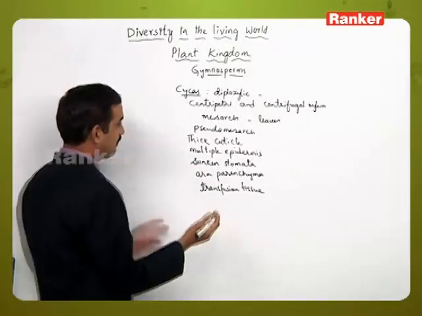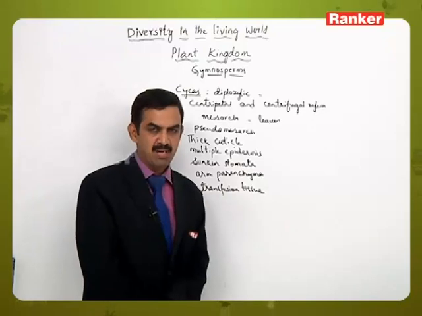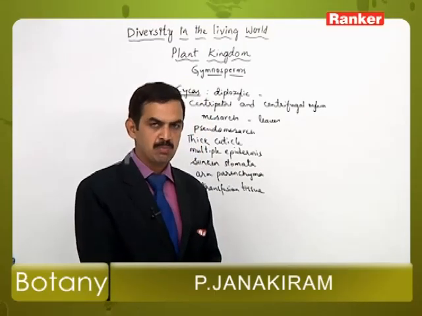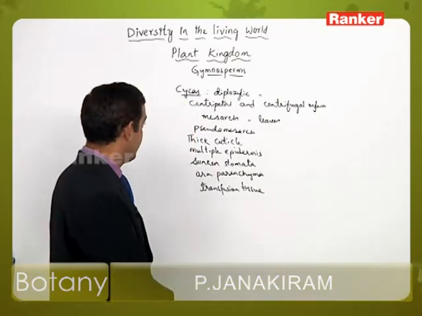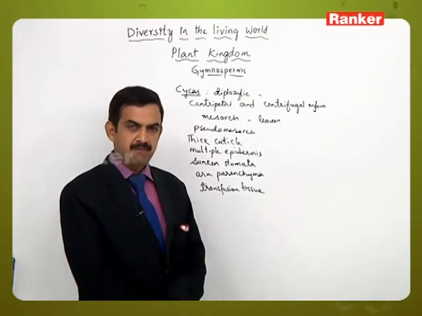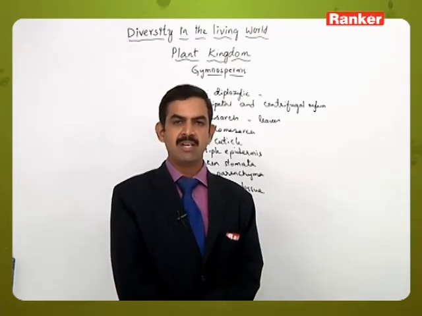Some of these are the special features that can be observed in the anatomy of different parts of gymnosperm plants. Then gymnosperms contain not only living plants but some fossil plants are also present.